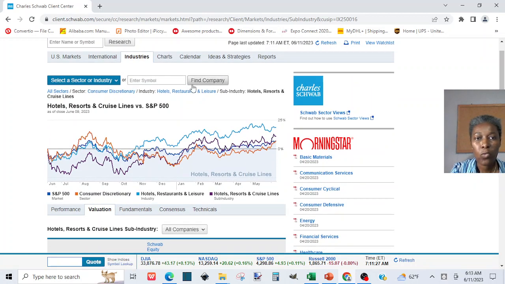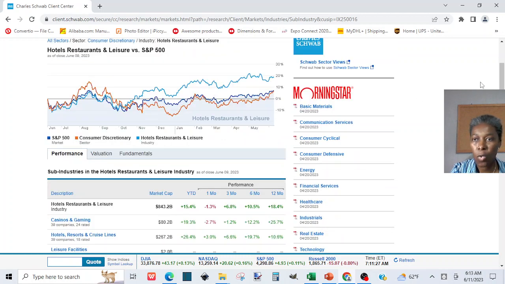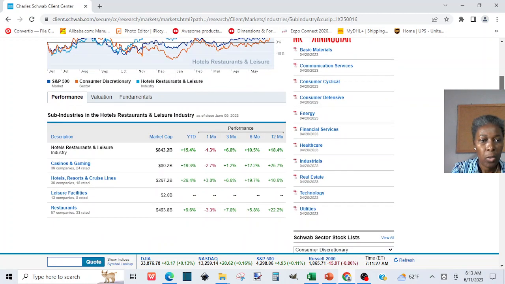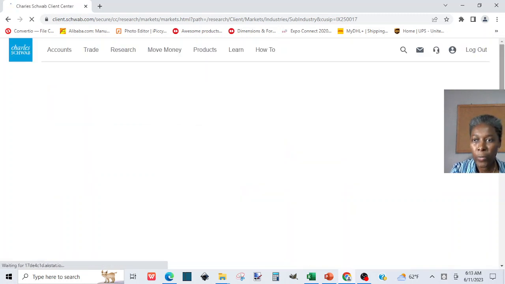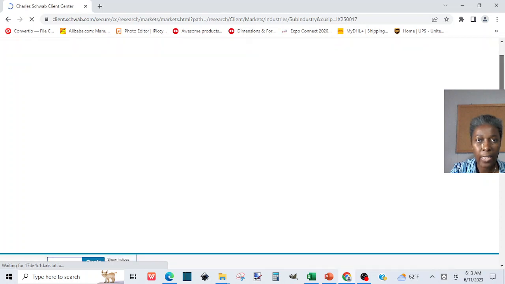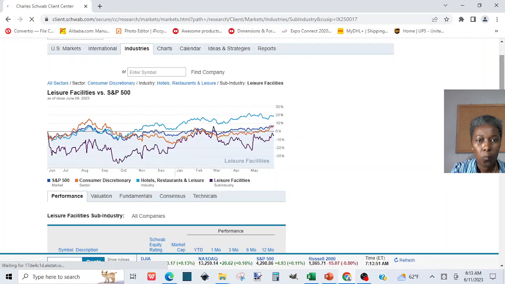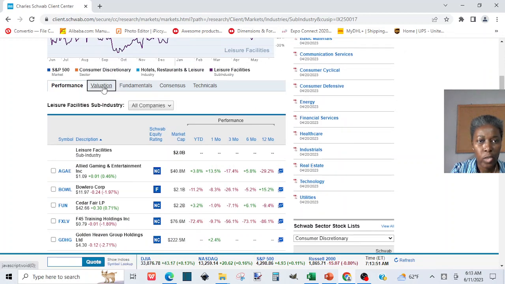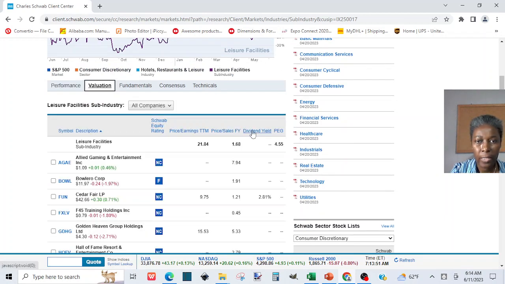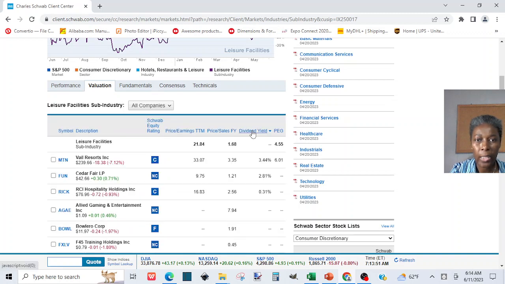So we'll go back to the industry category again, and we'll move to the next one, which is leisure facilities. Under that sub-industry, we'll find the companies that are included. We'll click on valuation so that we can find the dividend yield column, and we'll click on that to sort it from the highest to the lowest dividend.